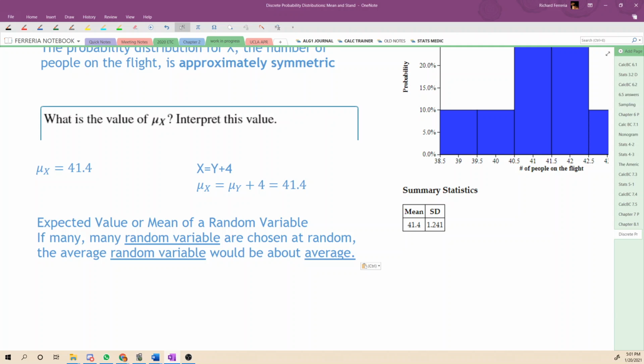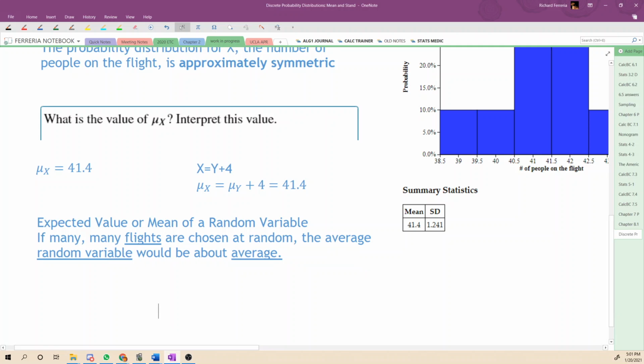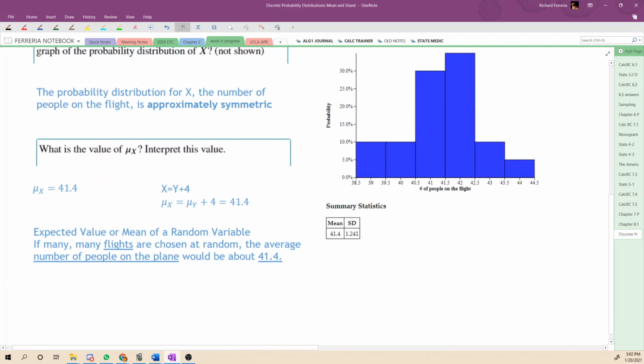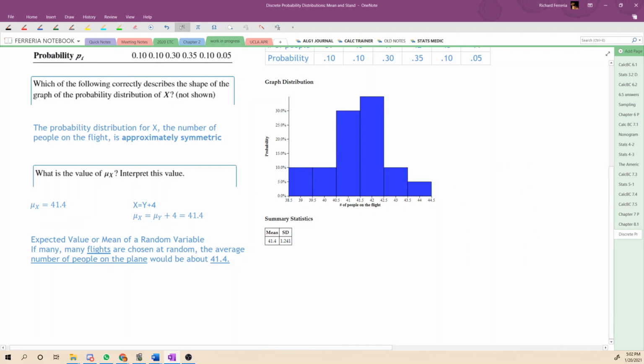So if many flights are chosen at random, then the average number of people on the plane would be about 41.4. Now having that sentence frame really simplifies the problem. You don't have to keep on reinventing how to interpret a mean. So it's a good thing for you to have written down somewhere.